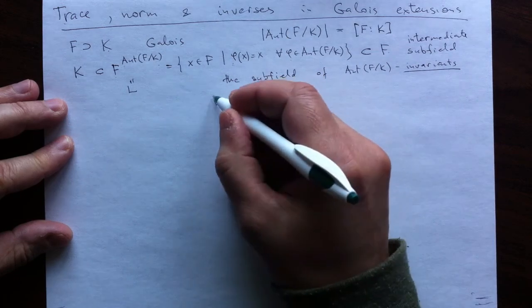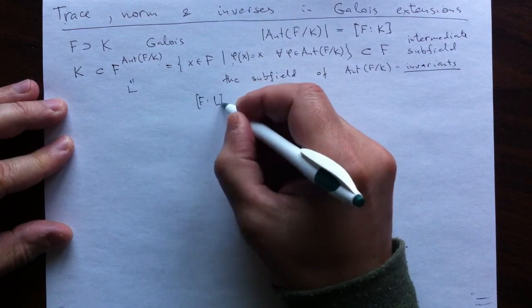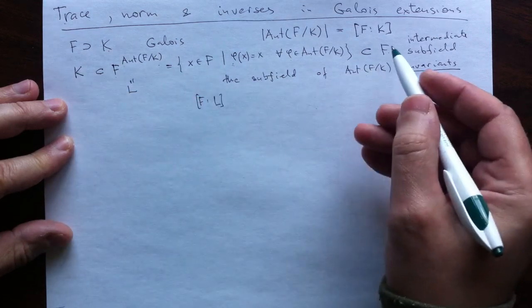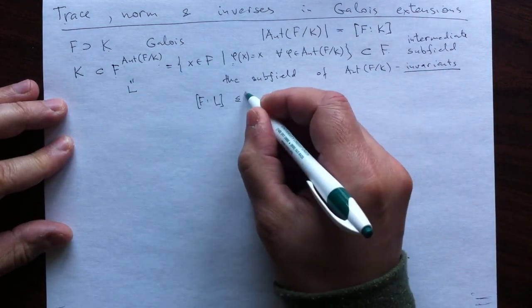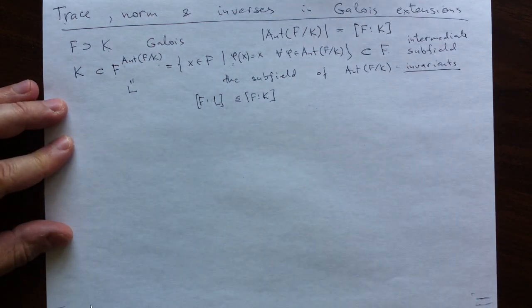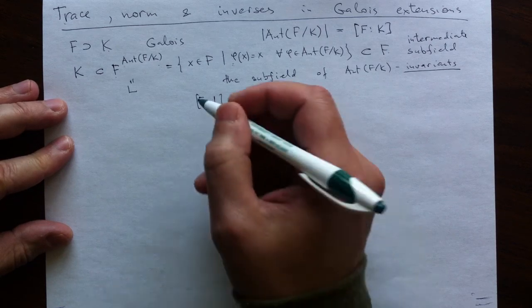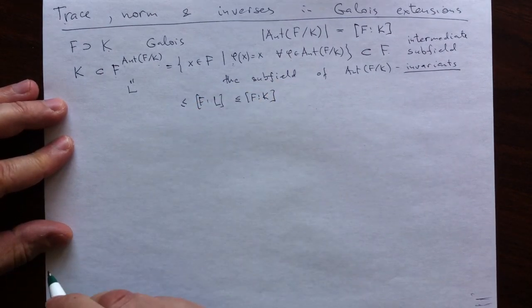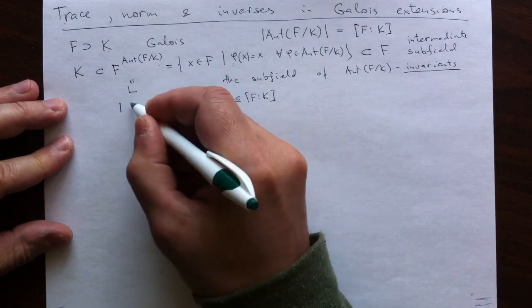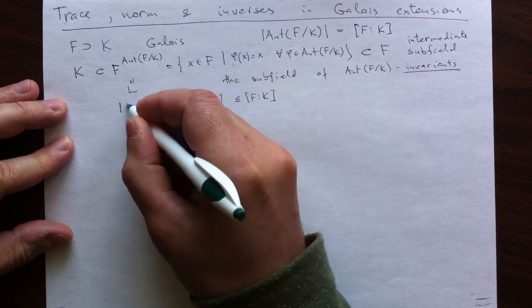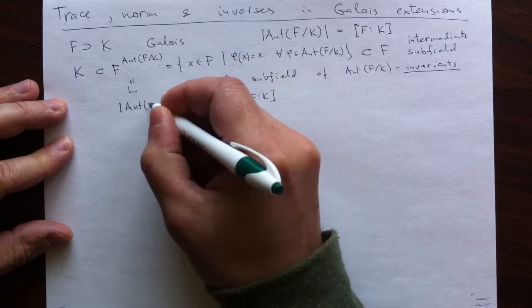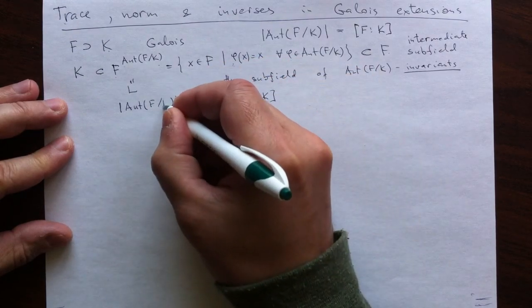And the index of L in F will be definitely not smaller than the index of K in F, because K definitely is inside L. And there was a result which we checked quickly before, that the index is always the upper bound for the symmetry group. So we can write the bound for this index by the size of the symmetry group of this extension F over L.